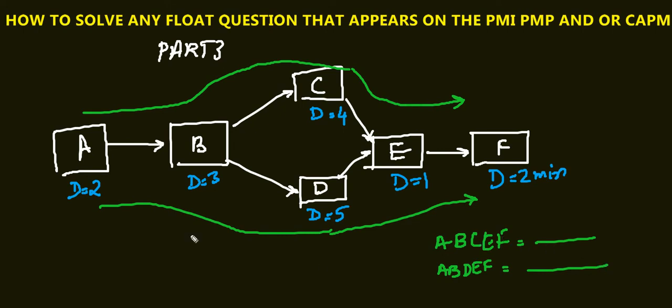I think randomly we could tell this is the longest path, and then we said this is the float. This is the critical path. Okay, and in the critical path, which is the longest path, float is 0.